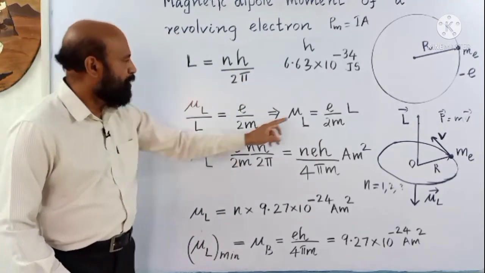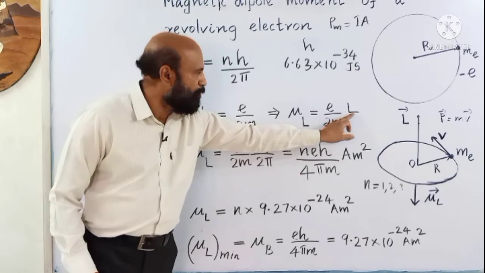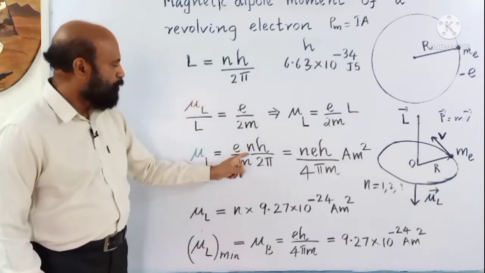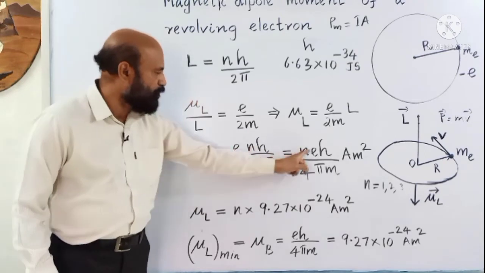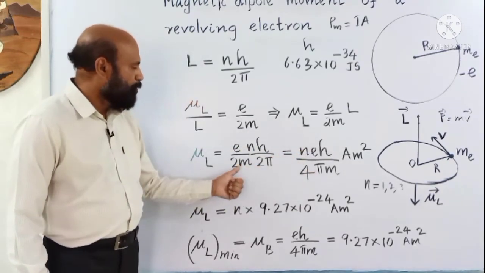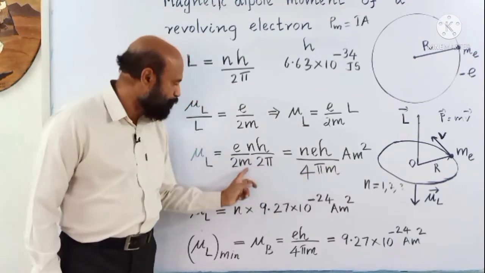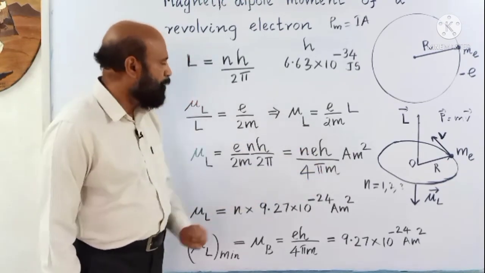So mu L is e by 2m into L. For L we can write n h by 2 pi. So it is n e h by 4 pi m. Here 2 into 2 is 4, so it is 4 pi m.